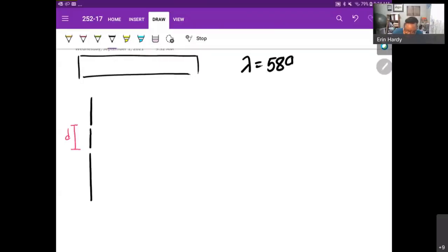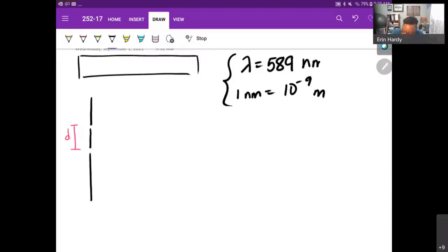589 nanometers. We're going to want this in meters immediately. So we can convert this into meters by recognizing that 1 nanometer is 1 billionth of a meter. So 10 to the minus 9 meter.